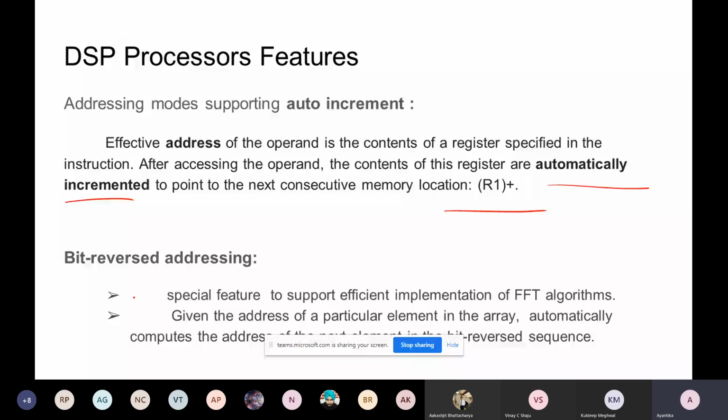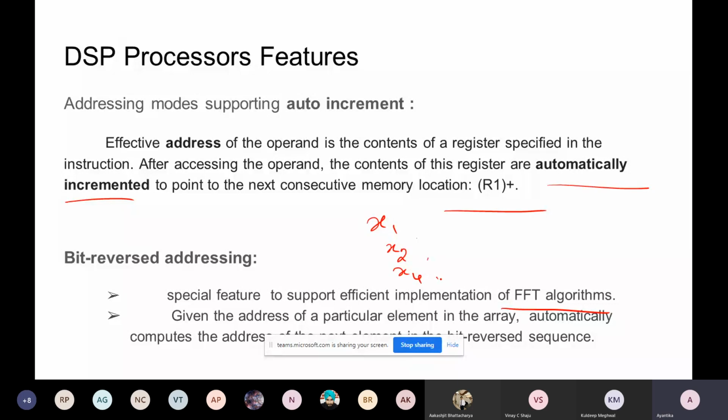This is mainly required for FFT algorithms, which we heavily use, FFT multiplication and FFT related domain mathematical operations, in the signal processing domain. And when we do that, sometimes we have to access values like x1, x2, x4, and so on, when we create that butterfly part in different layers.